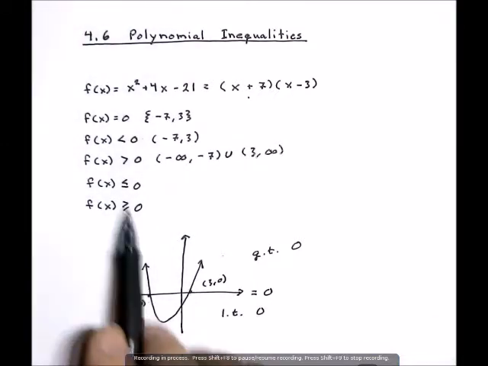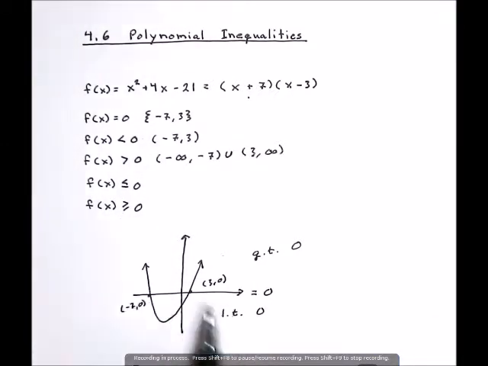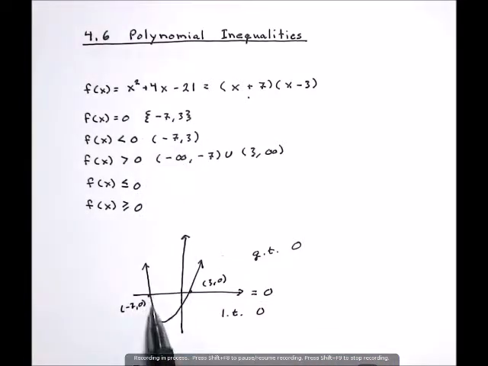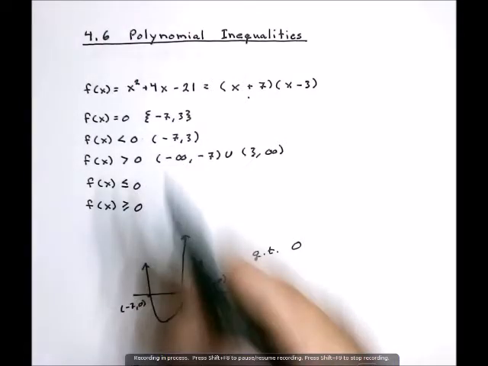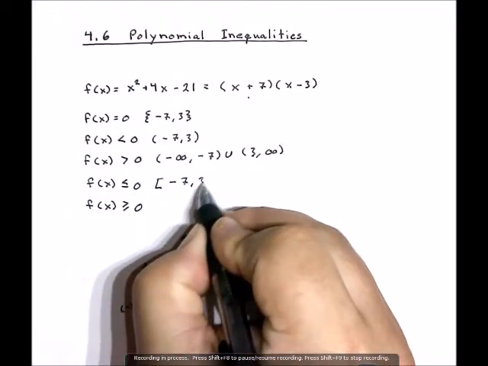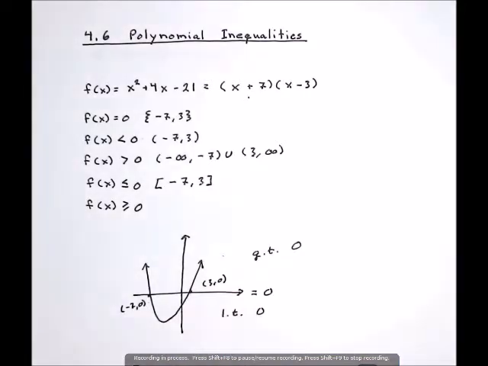The only difference with these two is now we're including these endpoints, or the points that are on the x-axis. So less than or equal to 0 is going to be the same as this little arc down here, but now I'm including those endpoints. And I indicate that by the closed bracket symbol.